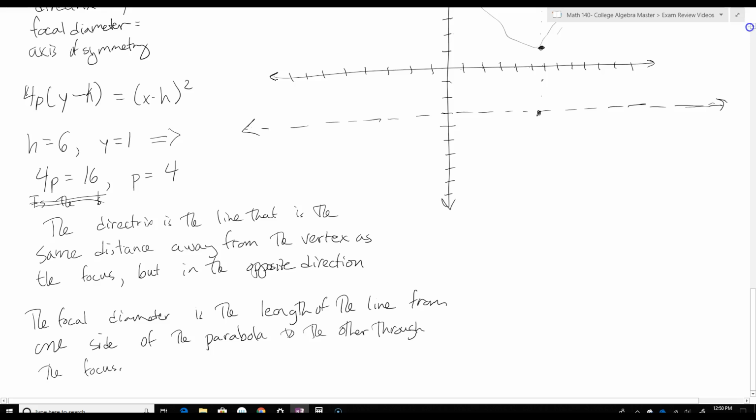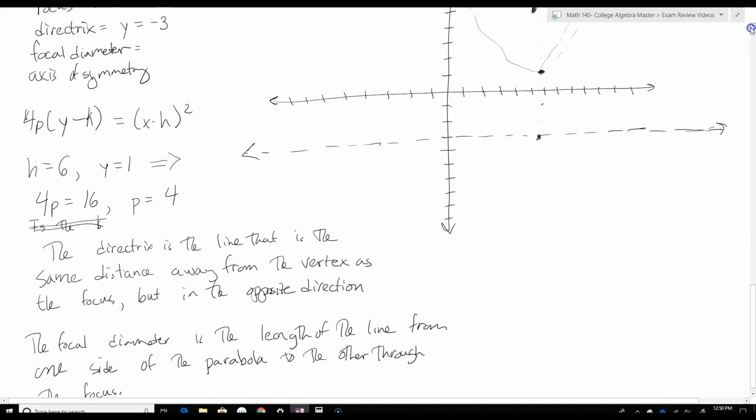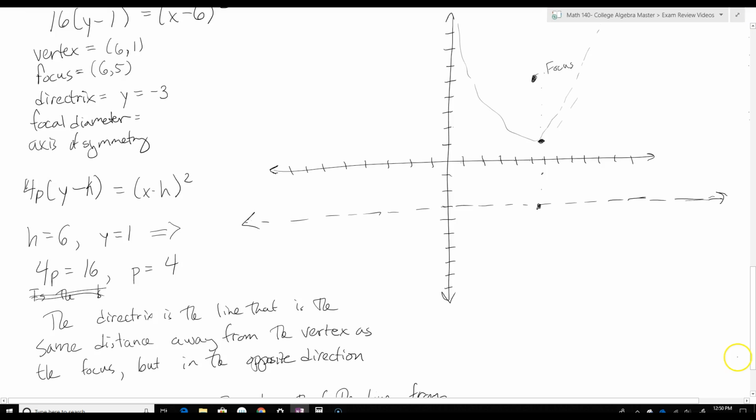I mean, I can draw a picture of that. Okay, it's going to be a little tricky to do that. I can draw my picture, but that's actually not going to give me an exact answer.